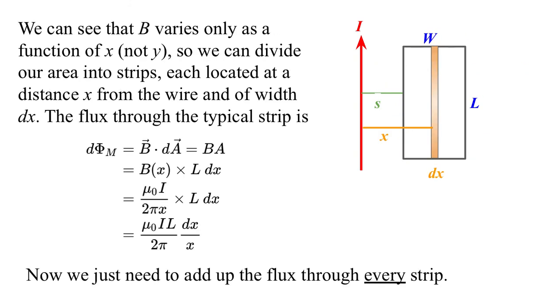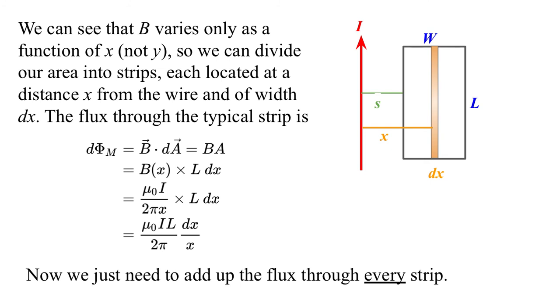Notice B varies only as a function of x, not of y, so we can divide the area into strips, each located at a distance x from the wire and of width dx. The flux through the typical strip, the one I have drawn there, is d phi sub m, which is B dot dA. But B and dA are in the same direction. We can verify that: dA points perpendicular to the plane that contains the loop, and B, we said, was already into the page.